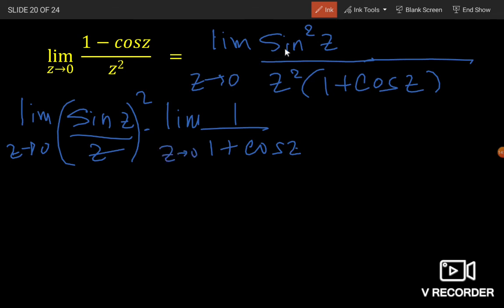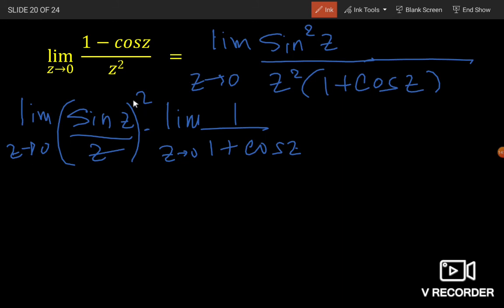If you recall, sine squared z over z squared is simply equal to sine z over z, squared. Multiply now by this function, 1 over 1 plus cosine of z.